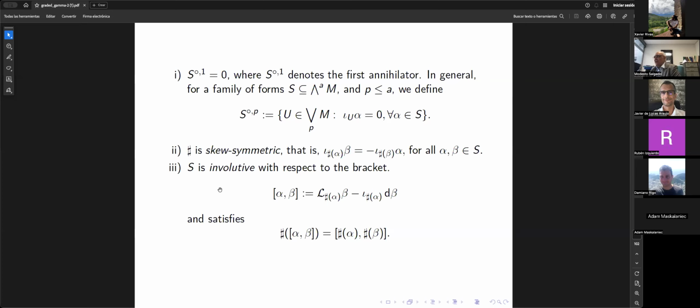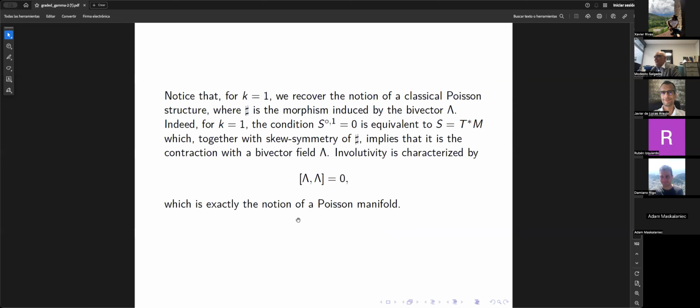So this is the bracket defined, and with this property or this sharp mapping. And so we have another different definition. For k equal to 1, this is the notion of classical Poisson structure, and this is just the morphism given by the Poisson bivector.